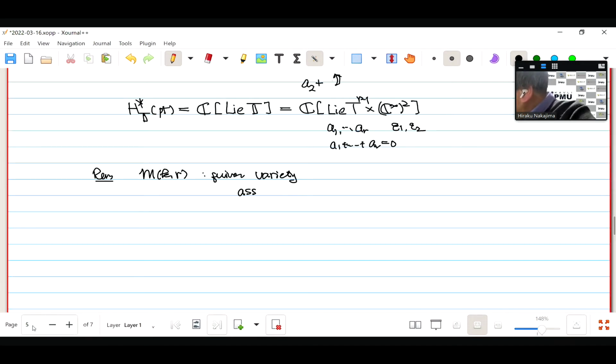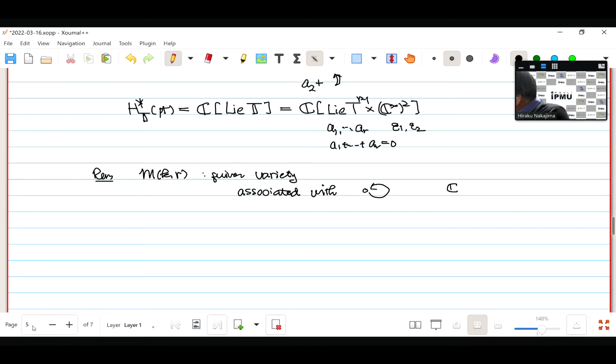Of course, this space was considered before I introduced quiver varieties. But once you accept the definition of quiver variety, this is the quiver variety associated with this Jordan quiver, and we put the framing.